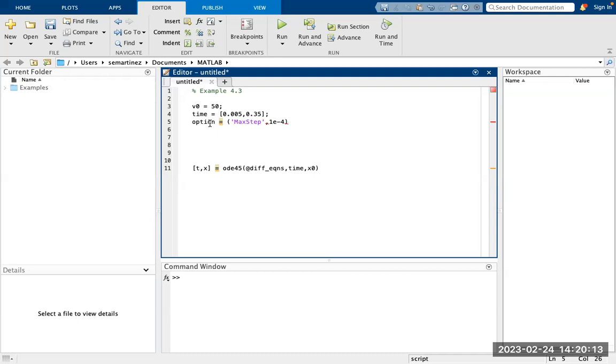It can be smaller than that. The ODE solver is going to figure that out, but that's what we're specifying. And we're missing the odeset. There you go. So that's basically what we have to do regarding the initial condition.